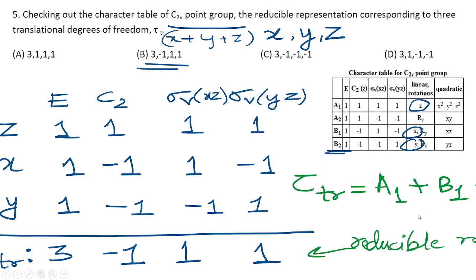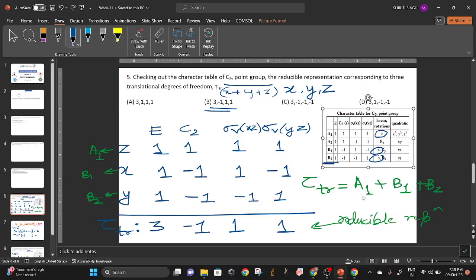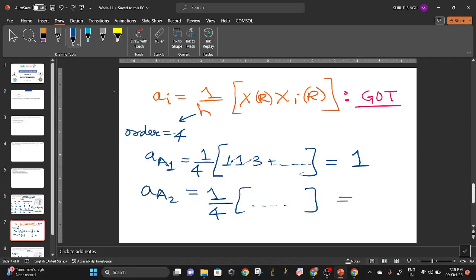You got 0, right? Because here you see a1 plus b1 plus b2, we took combinations of a1, b1, b2, and there is no A2. So it has to come 0 only.